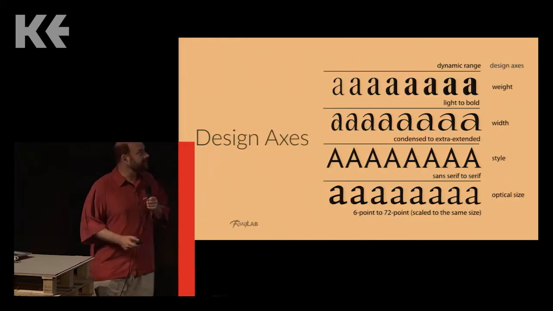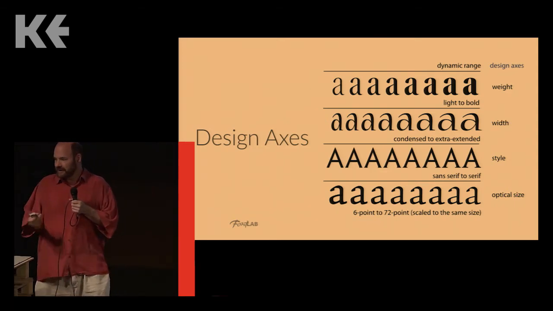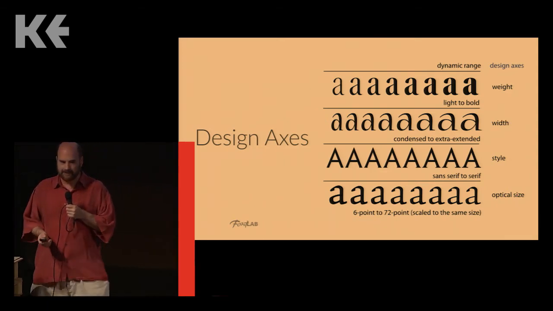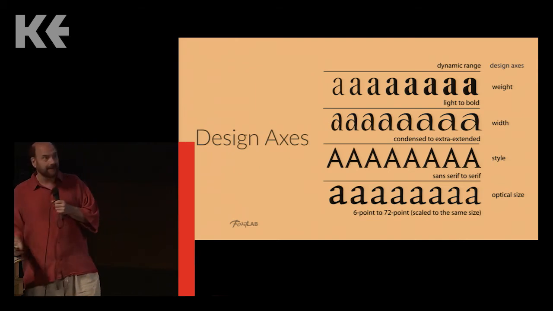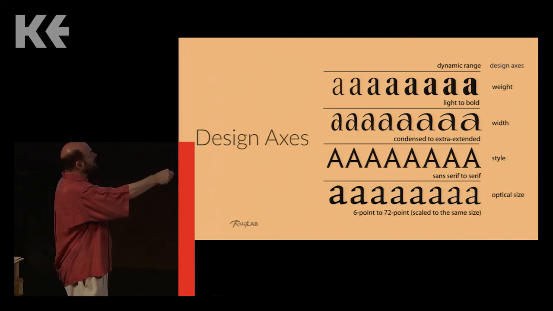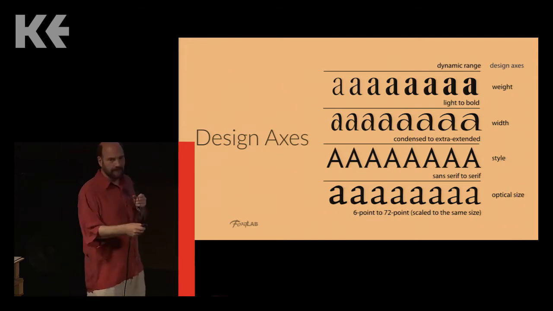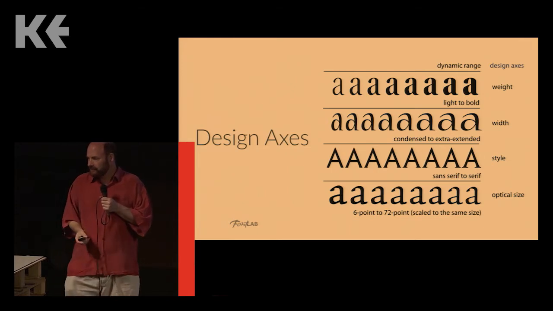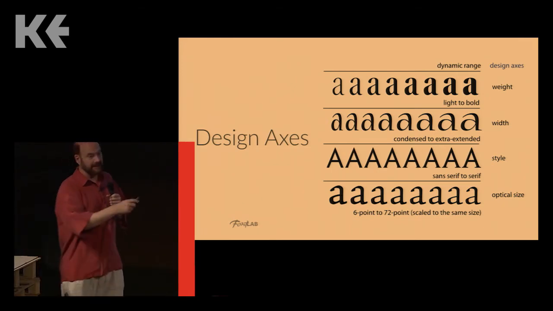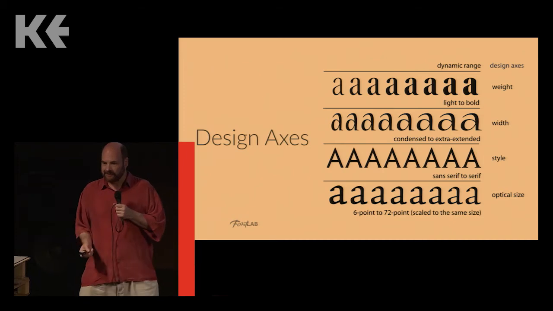So what are these design axes? Design axes, essentially, is the idea you can have different font designs and interpolate or blend between them to get anything you want, not just these particular steps, but anything along that range. Anything that you choose in between you would call an instance.